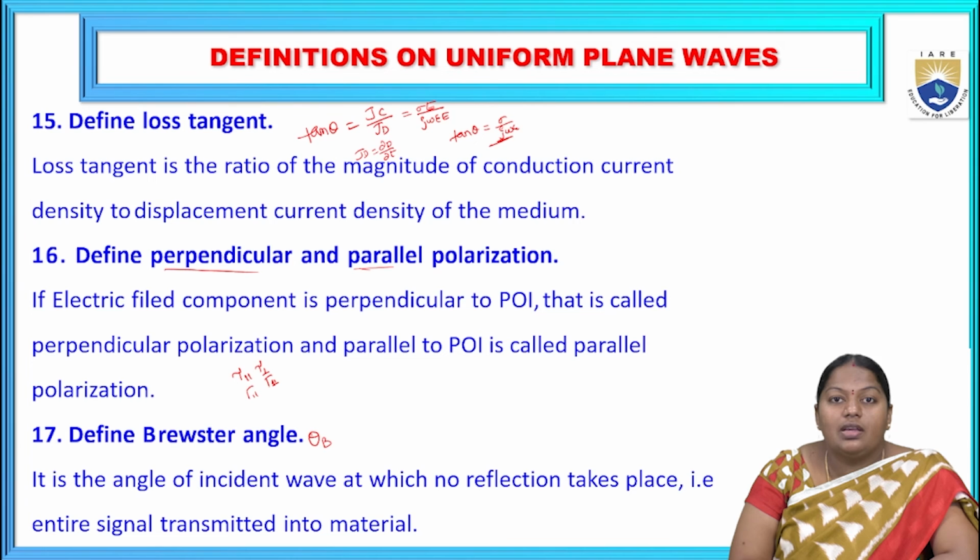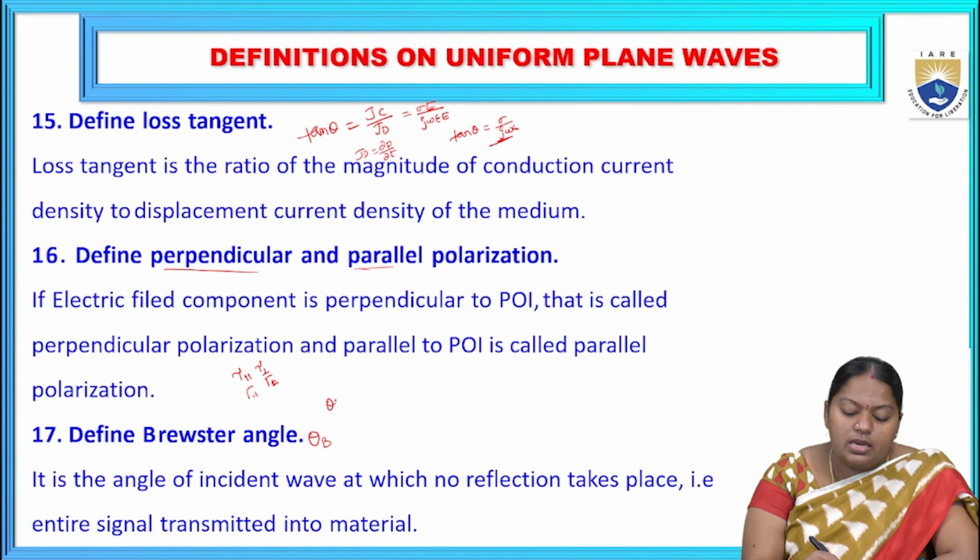There is a difference between critical angle and this Brewster angle. In the critical angle case, the angle at which total internal reflection takes place, there is no transmitted wave. But in the Brewster angle case, the incident wave is completely transmitted to the next medium, there is no reflected wave. So in the theta c case, there is no transmission, and in the theta b case, there is no reflection.